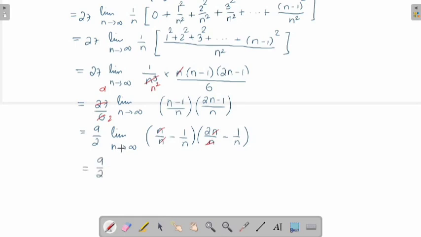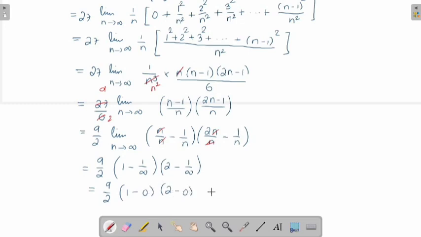So therefore this becomes 9 by 2. Now put the value of n. If you put it, you have 1 minus 1 by infinity into 2 minus 1 by infinity. All of you know that the value of this is 0, so 1 minus 0 and 2 minus 0.